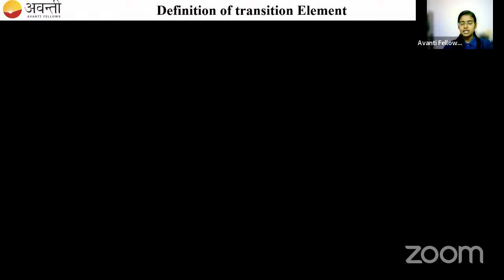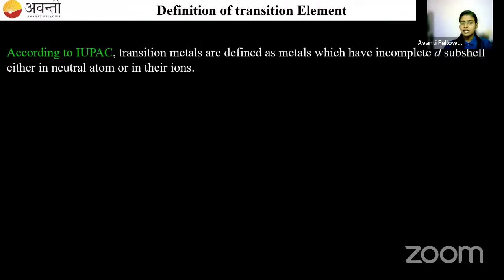So coming to the D and F block elements lesson, D block elements are mainly called transition elements. According to IUPAC, transition metals are the metals which have an incompletely filled subshell in their neutral state or in one of their ionic forms.